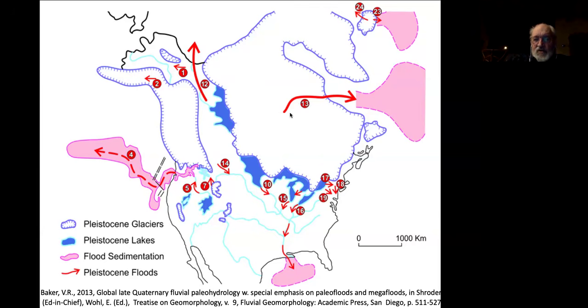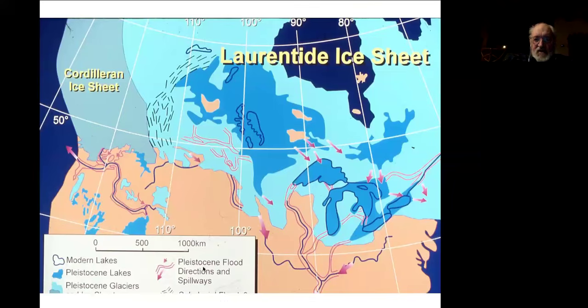So much water was surrounding it that it lifted the ice, because the ice is lower in density than the water. A massive flood went out into the northern Atlantic. Only part of it is shown in this diagram. This is all from a review article I did about 10 years ago. We now know of even more floods associated with that.